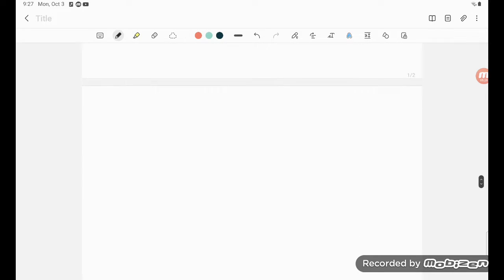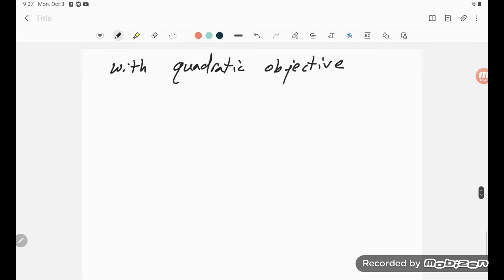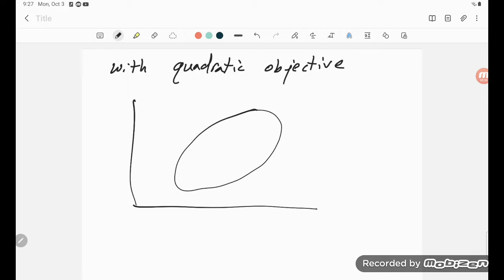Now, with a quadratic objective, this could look a lot of different ways, but for us, anything decent that you're going to work with, the quadratic objective function is now going to look something more like this.